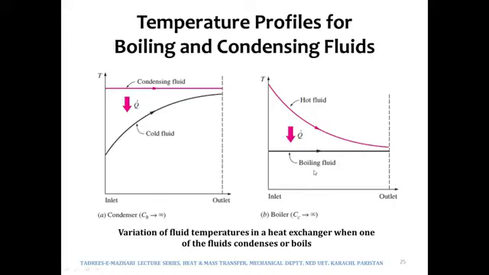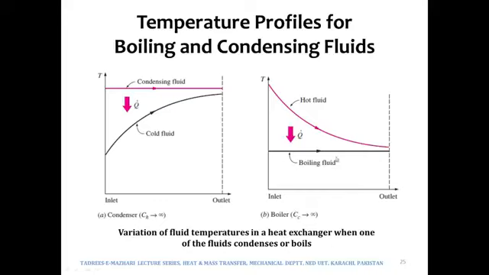So it will be converted into vapor state, for which it requires energy. Since it requires energy, therefore the energy would be given by another medium which would be at a higher temperature than the boiling fluid.